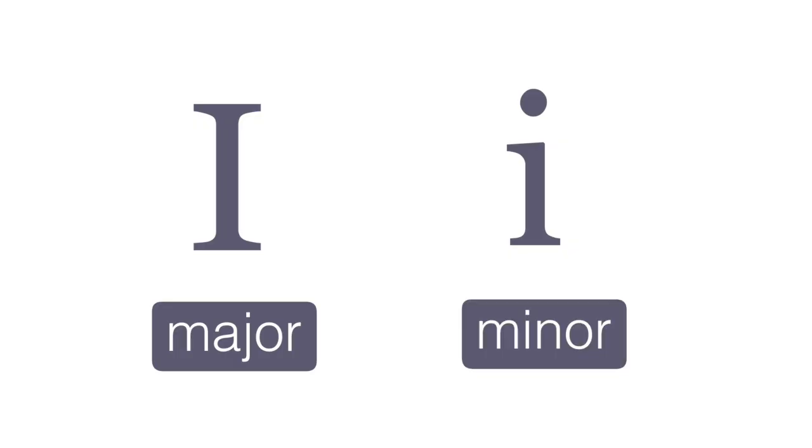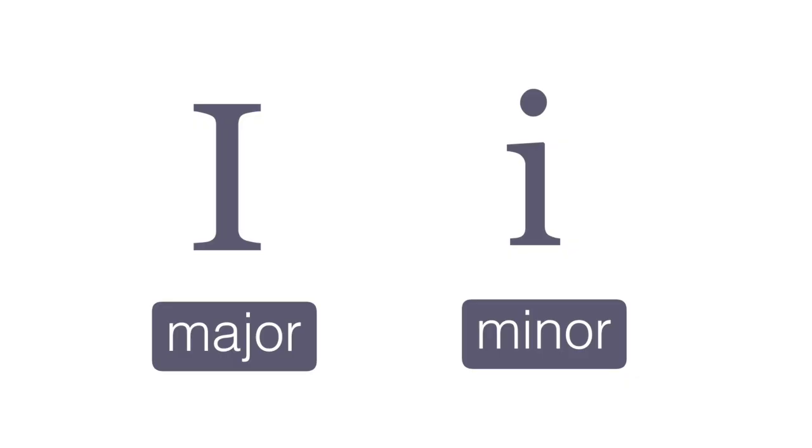To indicate a minor triad, it's still the one chord, but you're going to use a lowercase I. And this indicates a minor triad. So whenever you're asked to label the A minor or any minor triads, be sure that you're using the lowercase Roman numeral for the number 1.